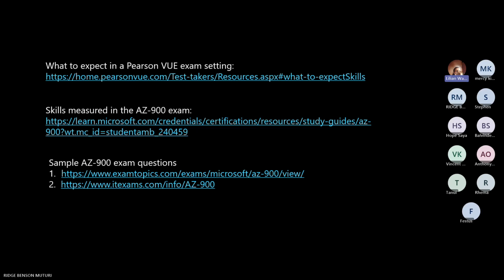Okay, so the link that I've shared is to check on the questions that are set, the percentage of questions that will be set in security and other stuff like that. So you can see, let me just share the screen so that you can look through it together.